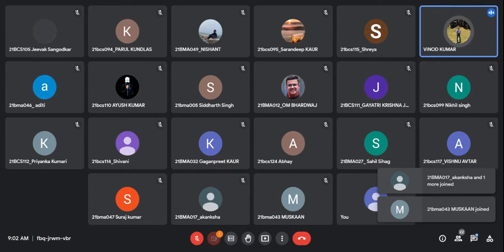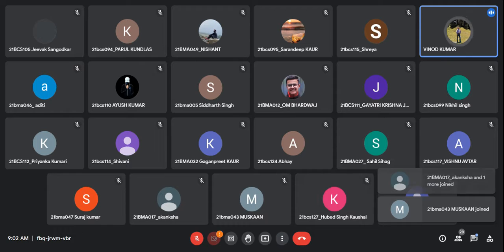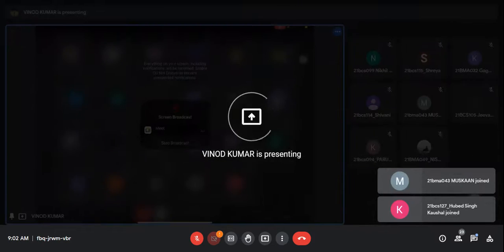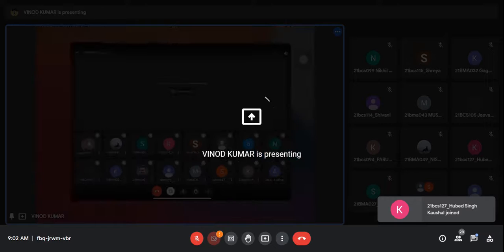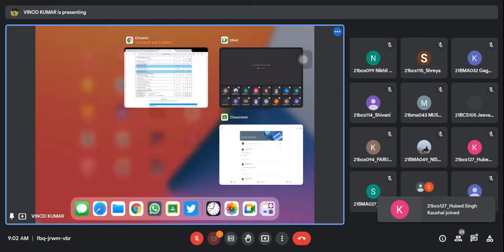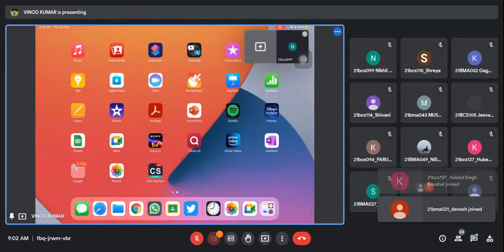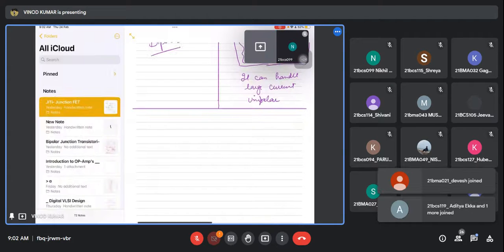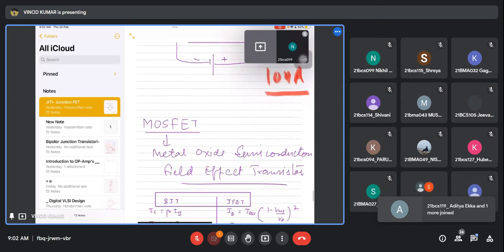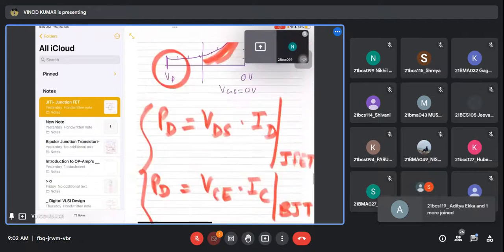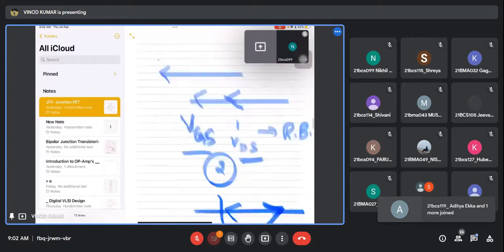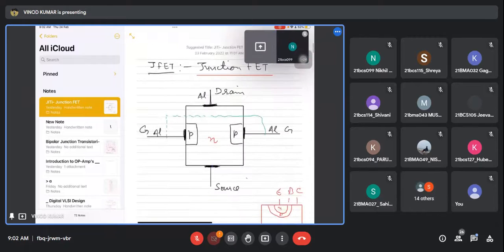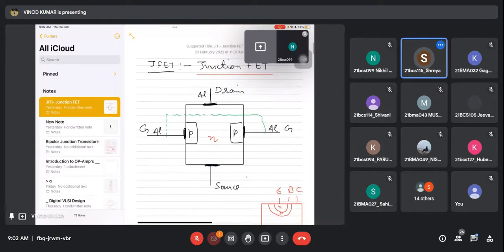So, in the last class, we have discussed about JFET. Okay, क्यों JFET के बारे में बात की थी ना? Yes, sir.